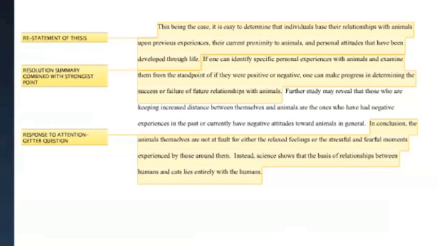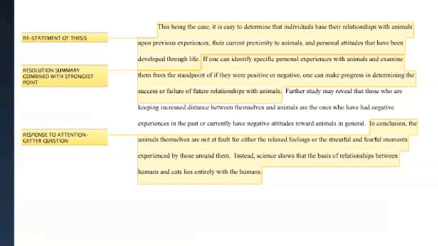The resolution summary goes through with, it looks like, one extra sentence at this point, and then there's a second sentence right behind that adding extra information on top of that. It says if one can identify specific personal experiences with animals and examine them from the standpoint of if they were positive or negative, one can make progress in determining the success or failure of future relationships with animals.